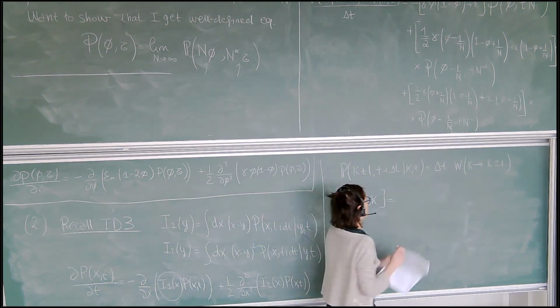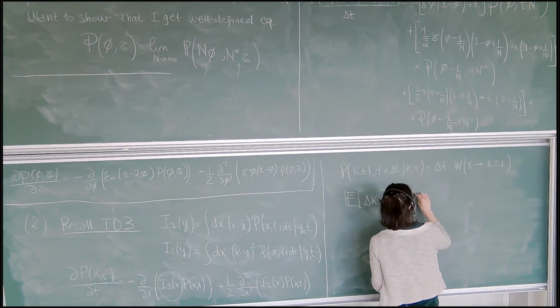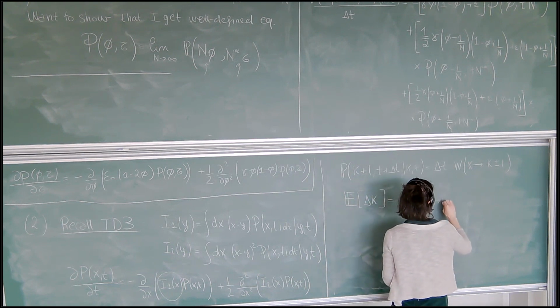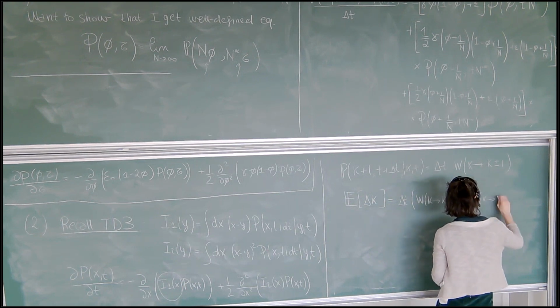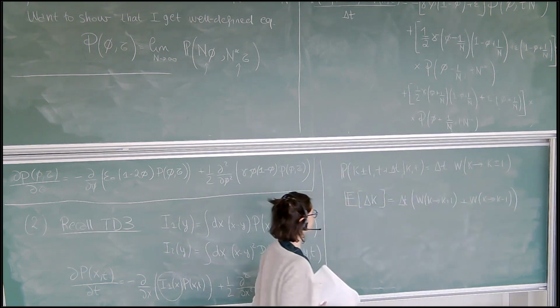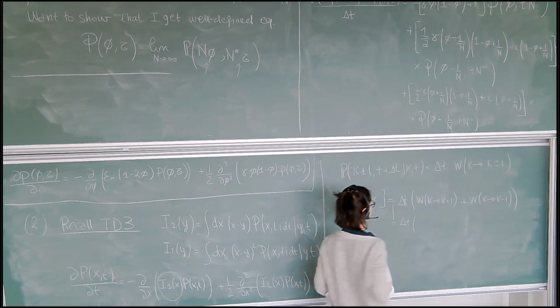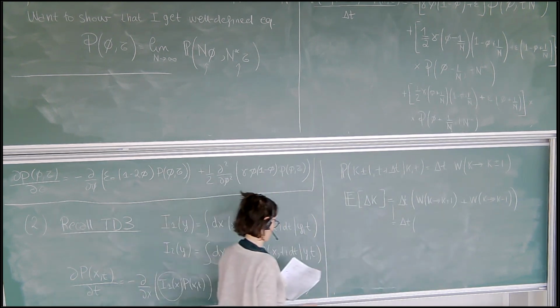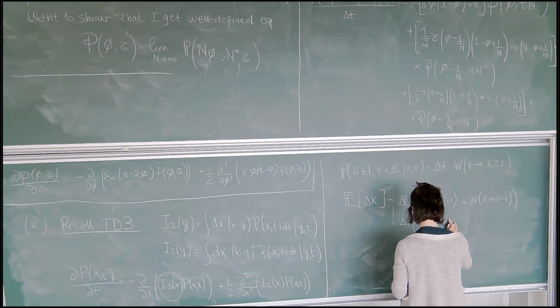And therefore, if you just plug in this expression, you see that this is just dt times the rate of plus 1 plus the rate of minus 1. Now we plug in our expression for the rate. And if you do the algebra, you recover that this is precisely given by this.